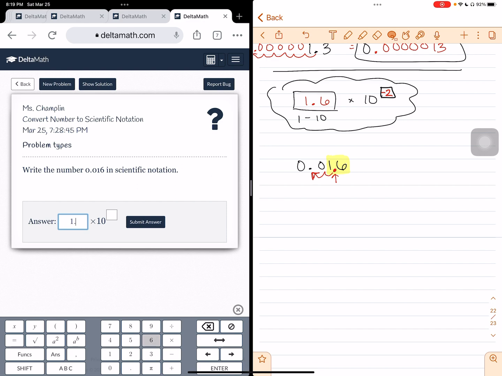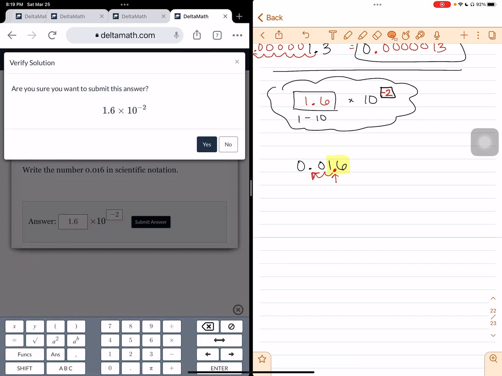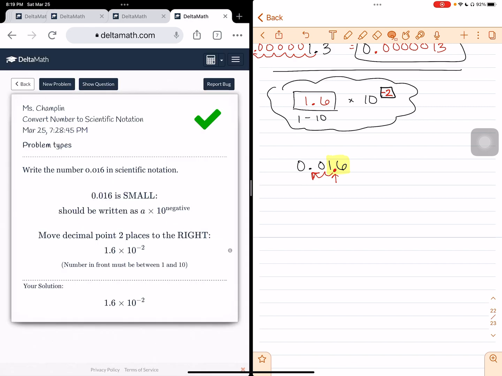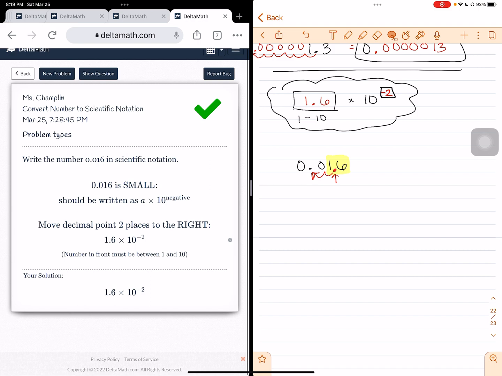So if I did 1.6 times 10 to the negative 2 power. Yep. So 0.016 is a small number, so it should be written as a, where a is some number between 1 and 10, times 10 to some negative exponent, right?